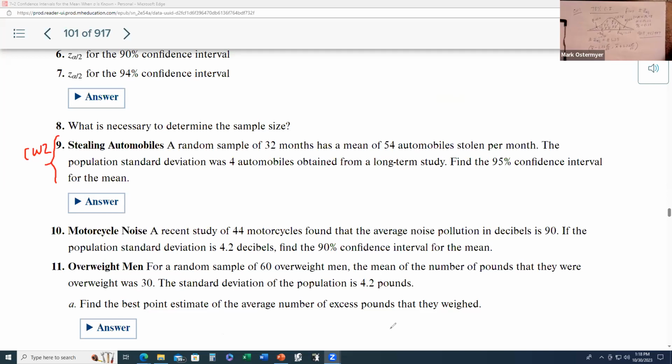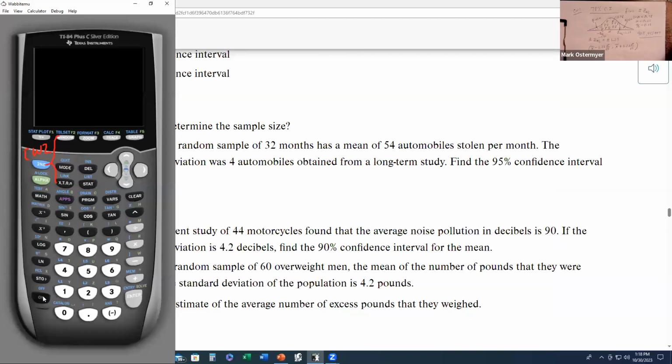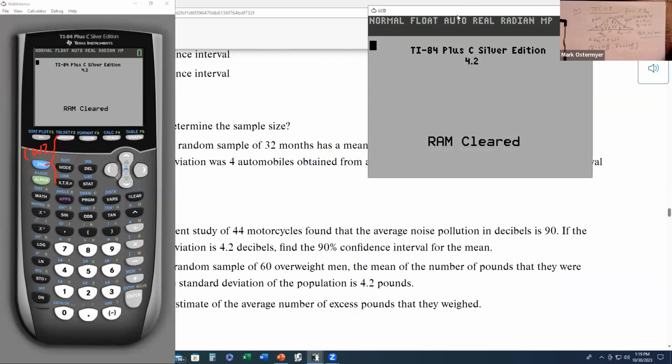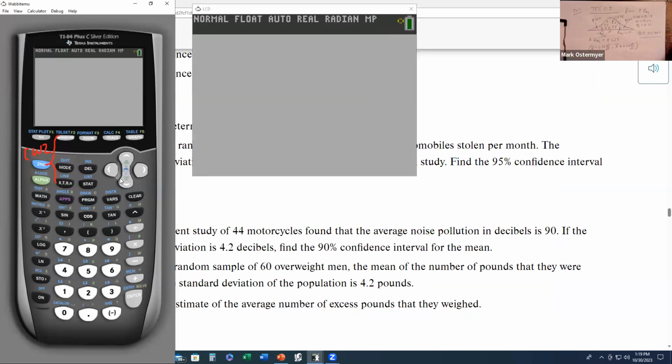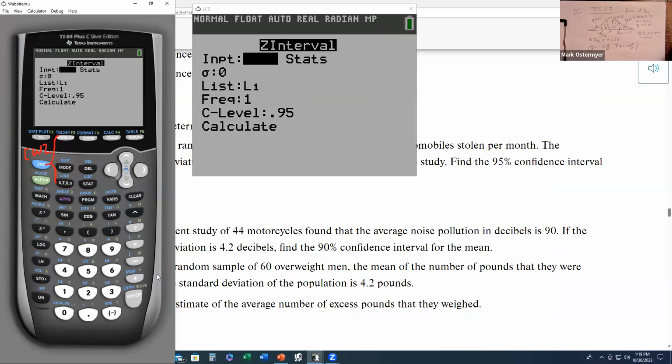Okay, so it's pretty simple to build a confidence interval. All you gotta do is bring your calculator out. Stat, go over to tests, go down and grab the Z interval function. Now, we select stats as opposed to data.